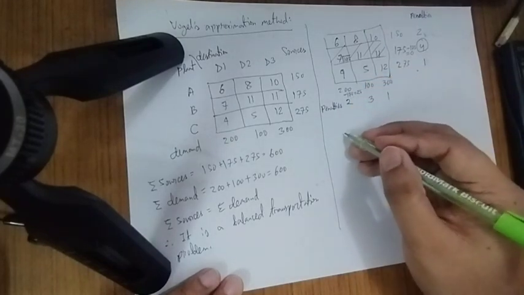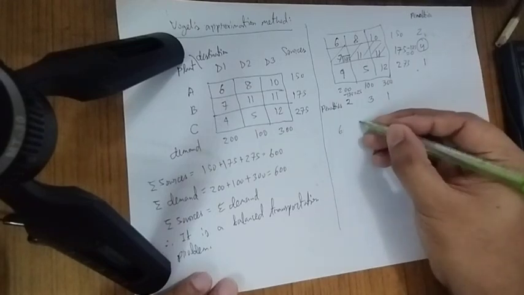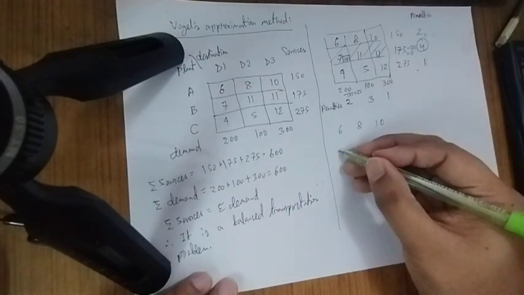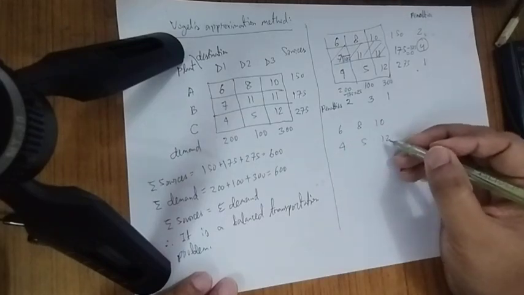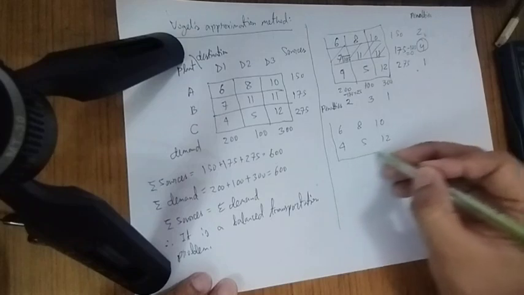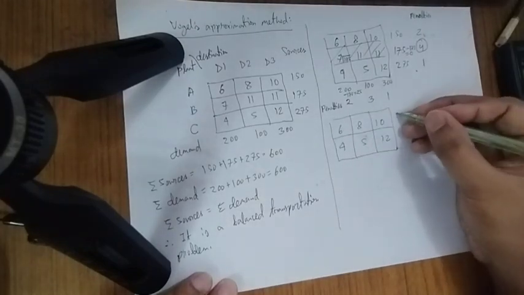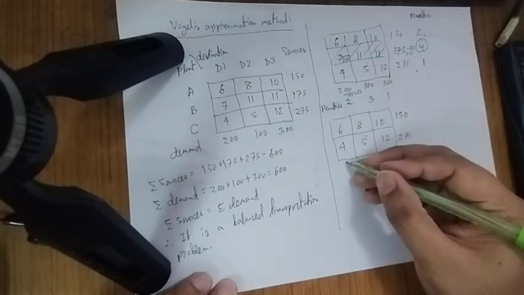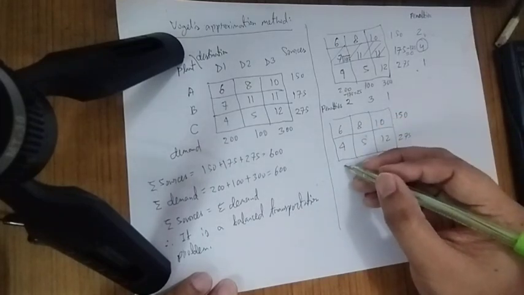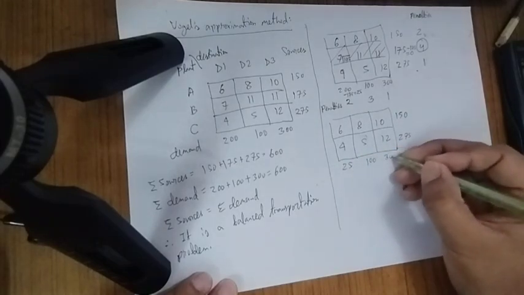So in the next step our matrix becomes 6, 8, 10 and 4, 5, 12, with sources 150 and 275, and demand 25, 100, 300.